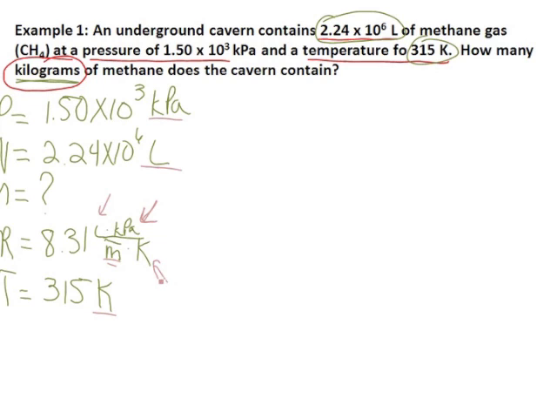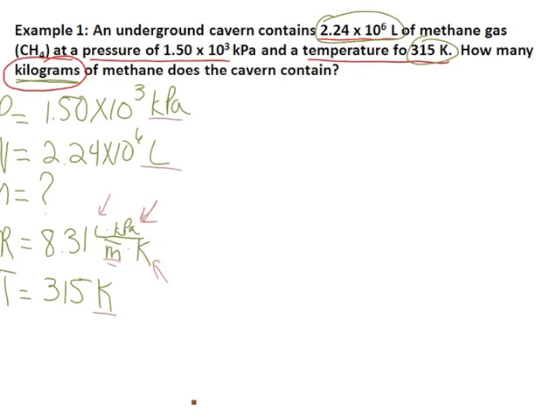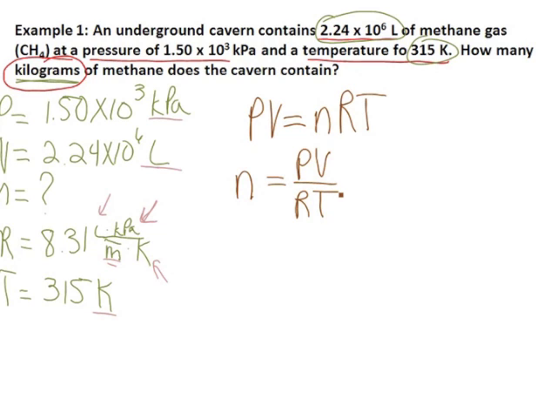So now I'm just plugging into the equation, and the equation is PV equals nRT. But we're solving for N, so we're going to rearrange that to be N equals PV over RT. And then, just like we did with all of our other laws, we're just going to plug in.